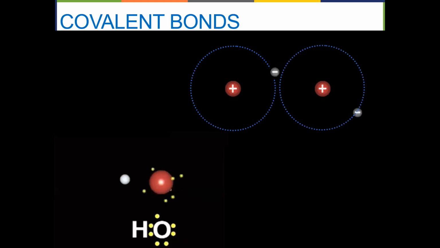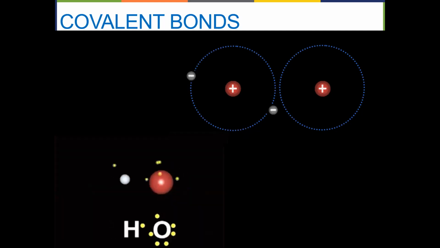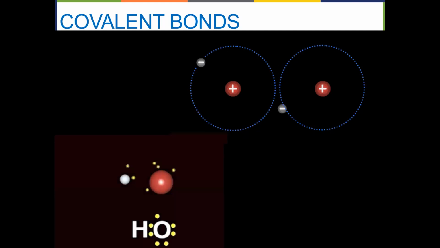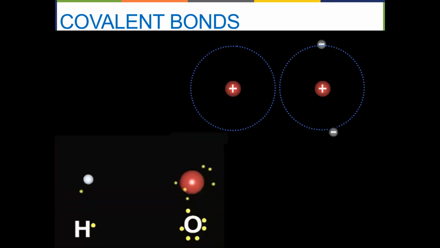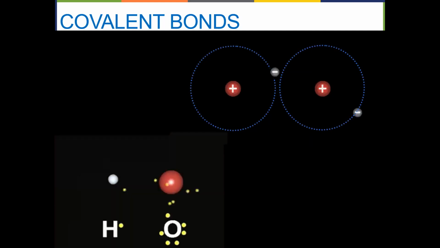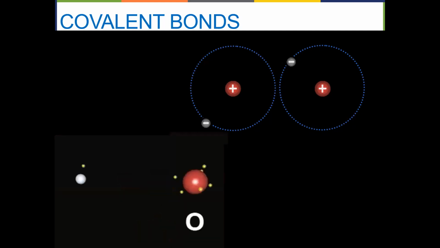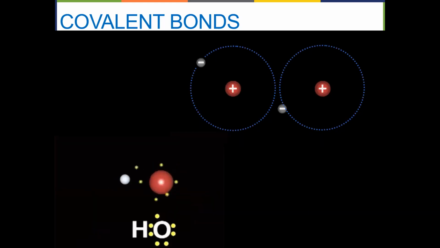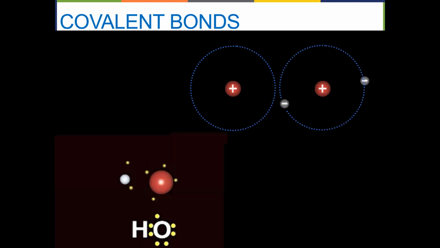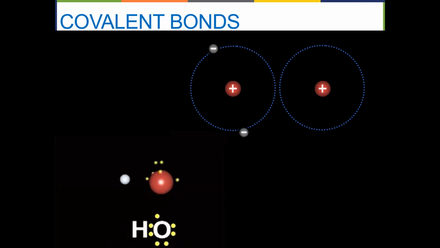And the oxygen has 7 electrons in its valence shell that it's sharing. The oxygen's not 100% stable because it still has room for 1 more electron, but it's more stable than it was, and the hydrogen is now stable because it has 2 electrons in its outer shell, its only shell.